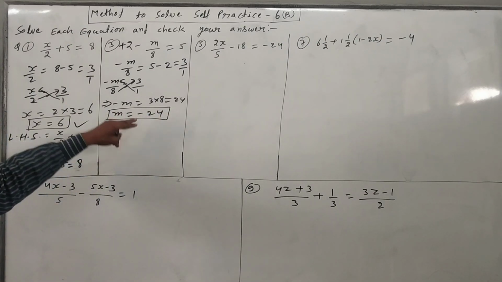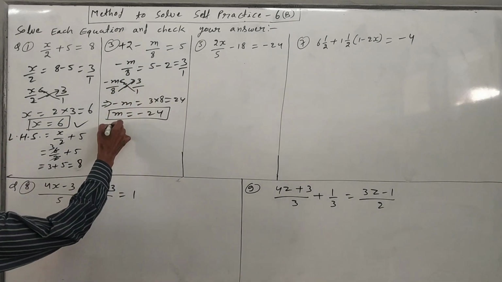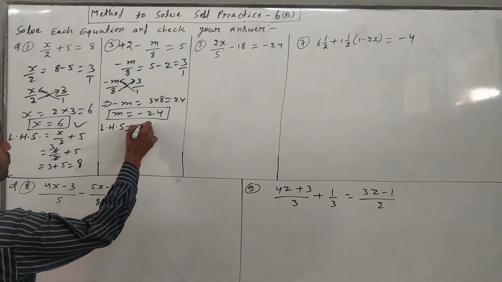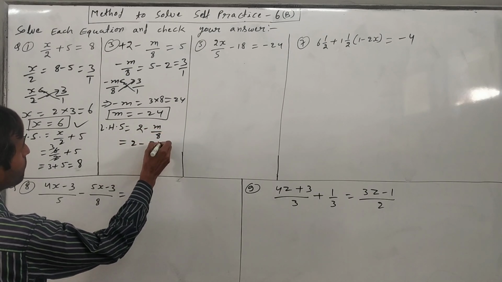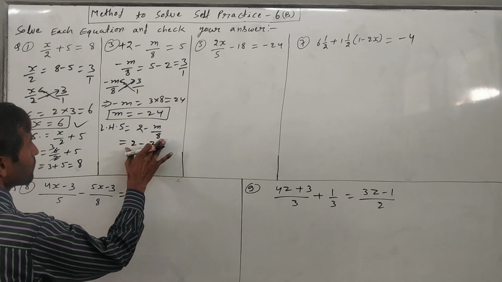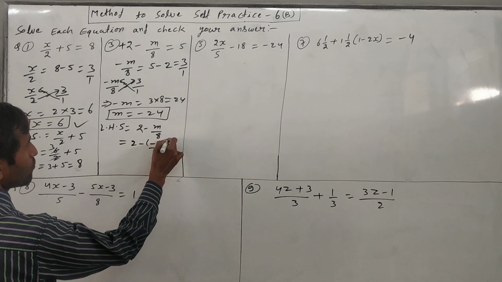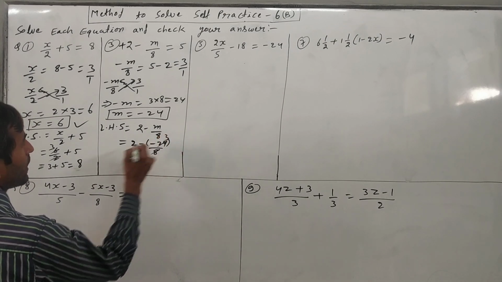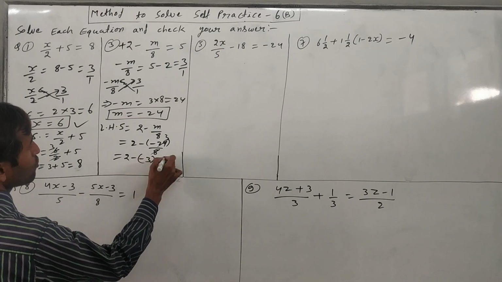Again we have to check our answer. We put in place of m, in LHS, 2 minus m upon 8. It means 2 minus minus 24 upon 8. Sorry, the minus is also there, so we put minus 24. Just put a small bracket here. Then cancel out, 3 jumps, and then 2 minus minus 3 becomes 2 plus 3.